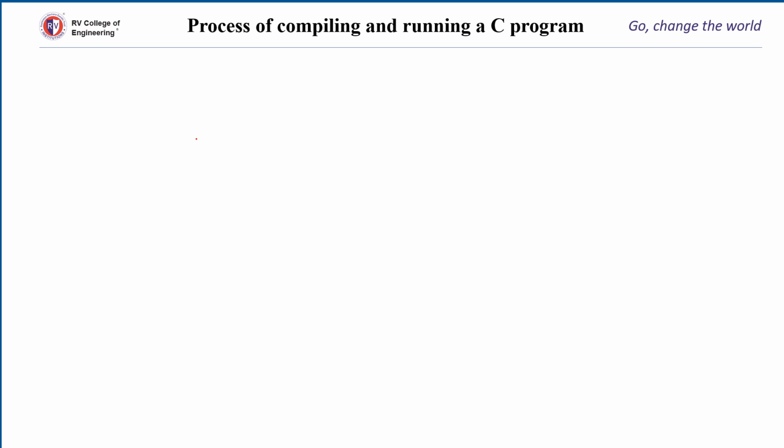Now we shall have a look at how your program gets compiled and how it is executed in your system. So through the text editor we write the program, right?